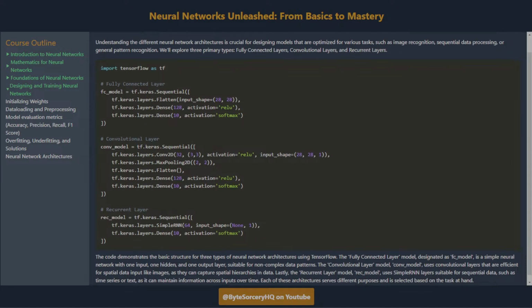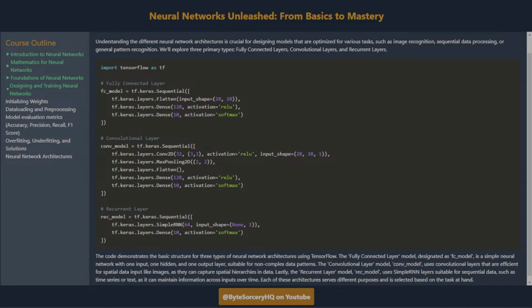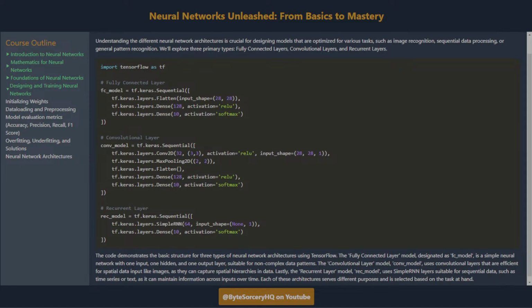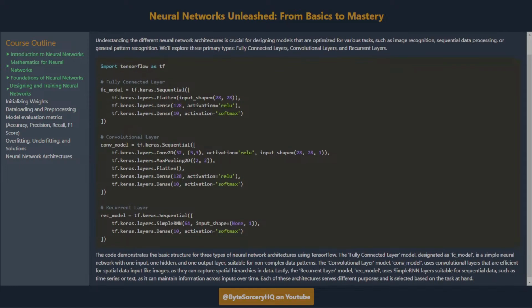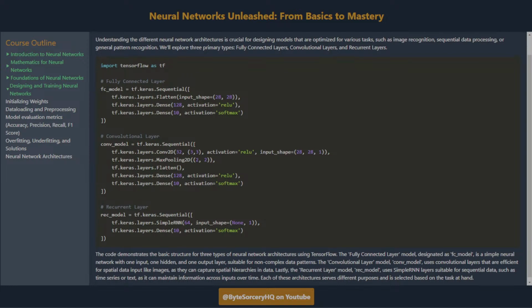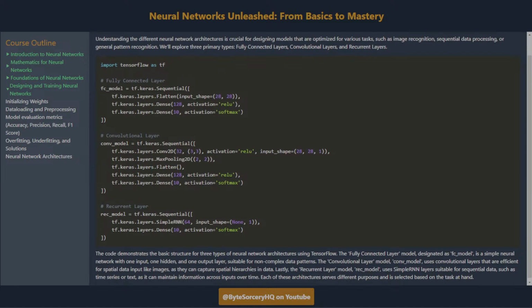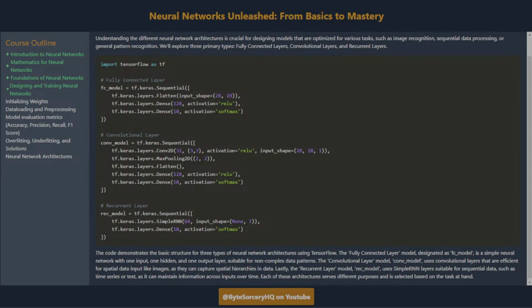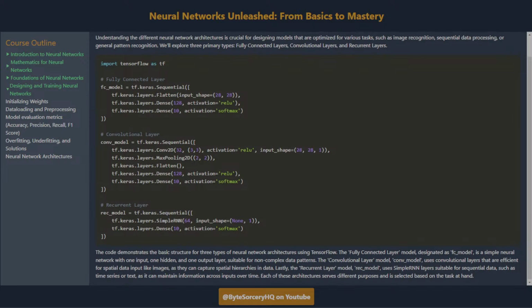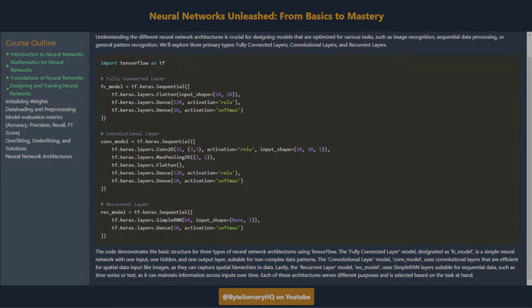Lastly, the recurrent layer model, RNN model, uses simple RNN layers suitable for sequential data, such as time series or text, as it can maintain information across inputs over time. Each of these architectures serves different purposes and is selected based on the task at hand.